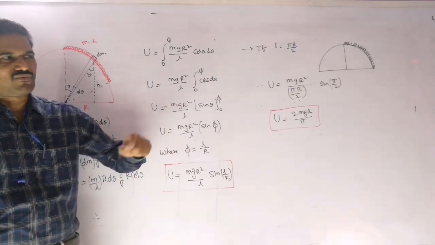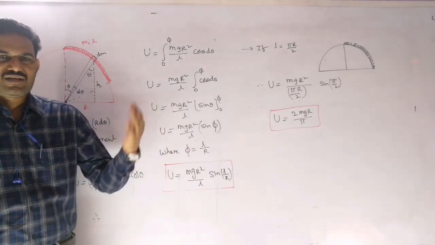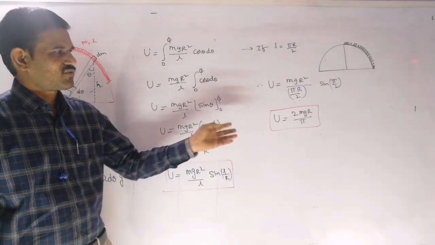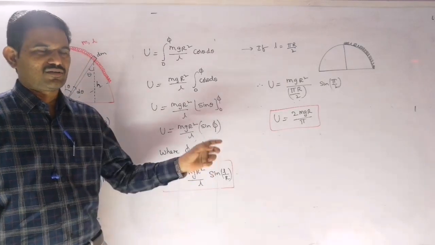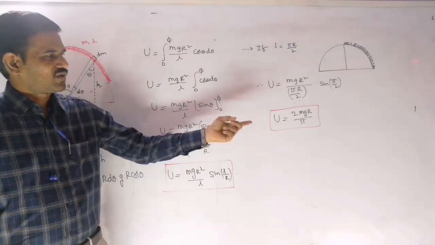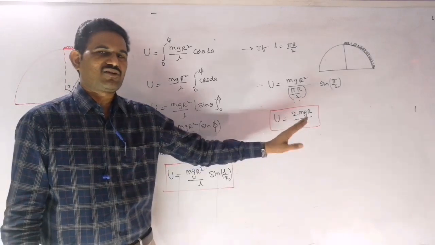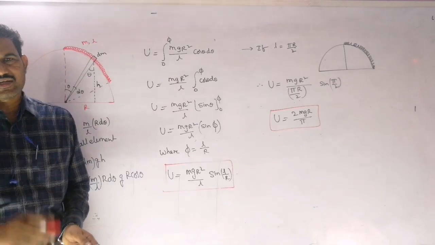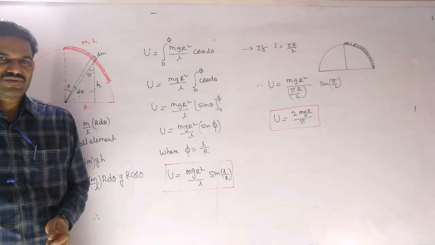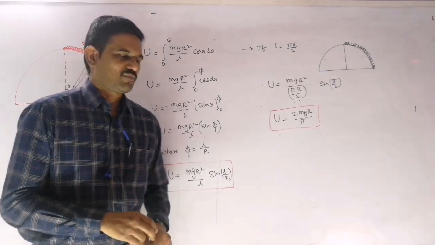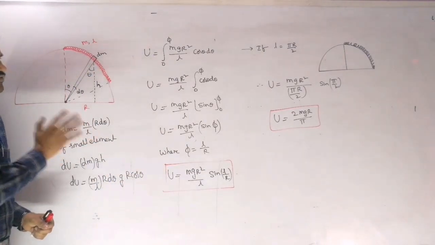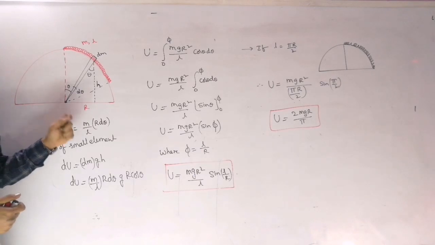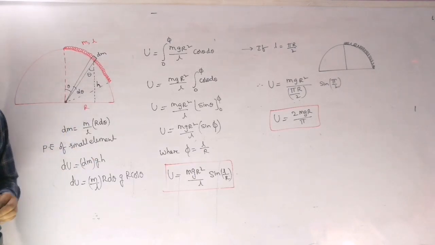We know the center of mass location for a semicircular wire, or for a quarter of the chain, and from that you can directly write the potential energy as mgh. Without the center of mass concept, this is the way of calculating: take a small element and write its potential energy.